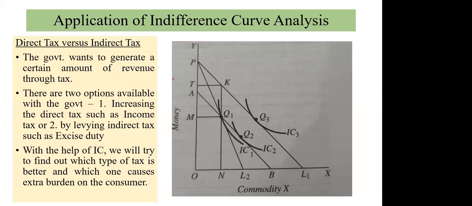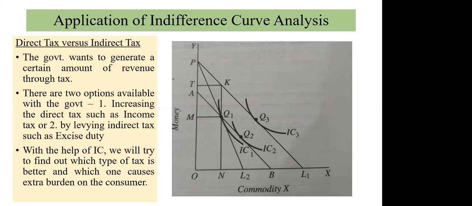Okay, so first we'll discuss direct tax versus indirect tax. So what is a direct tax? Direct tax is when the incidence or impact is on the same person. Means suppose a tax is imposed on me. So I will be the final bearer of that tax. I will bear the final burden of the tax. That is direct tax.